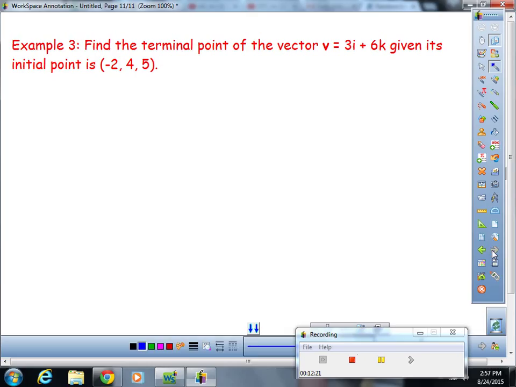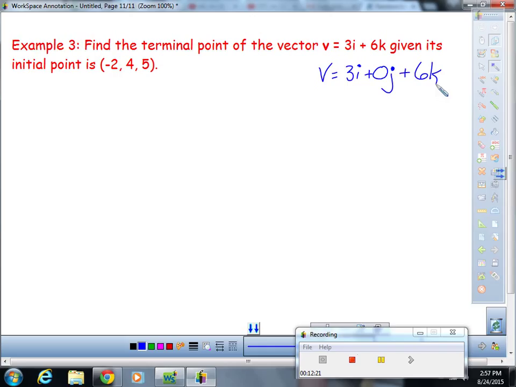Alright, example 3. Find the terminal point of vector V given its initial point. This is one of these questions that dupes you into thinking that you're back into 2 space. But keep in mind, V is really 3i plus 0j, free OJ, plus 6k. Okay? Alright, so find the terminal point.